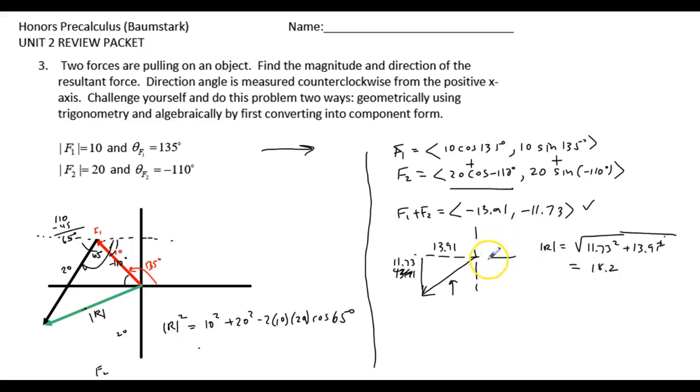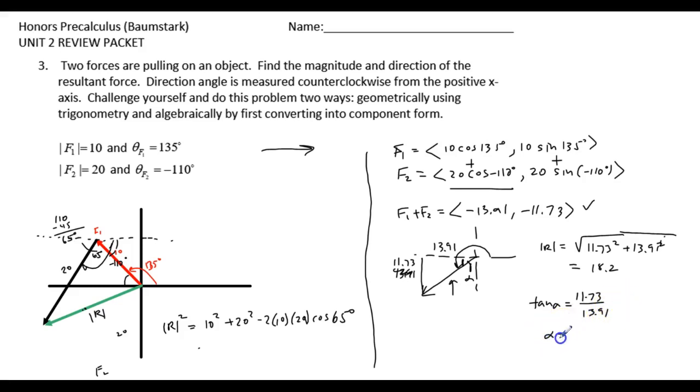And then the direction angle, we're trying to find this right here. Well, we could find this piece right here using tangent. So tan of, I'll call this little piece here maybe alpha. Tan of alpha is just going to be opposite over adjacent. So SOHCAHTOA, 11.73 over 13.91.